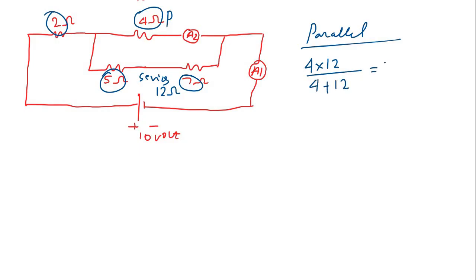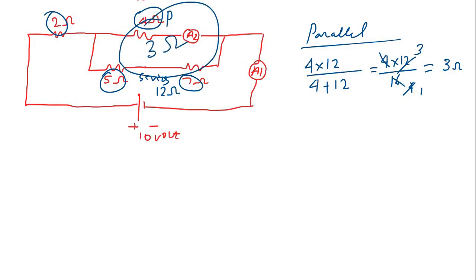So how much do we get? It is 4 into 12 divided by 16. 4 ones are 4, 4 threes are 12. So we get 3 ohm as the effective resistance of this loop. So this loop has an effective resistance of 3 ohm.